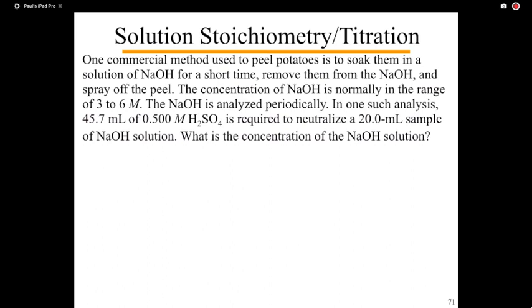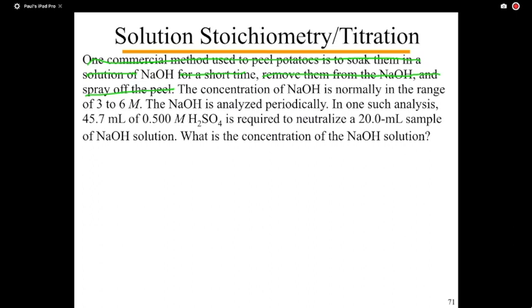Okay? One commercial method used to peel potatoes is to soak them in a solution of sodium hydroxide. Okay, I'll tell you this. That doesn't matter. Okay? Sodium hydroxide might matter. For a short time, I don't care. And removing them from the sodium hydroxide, I already know sodium hydroxide is going to be there, and spraying off the peels.